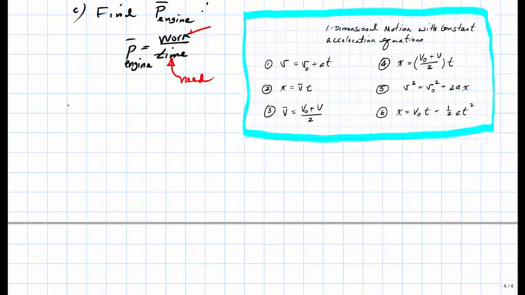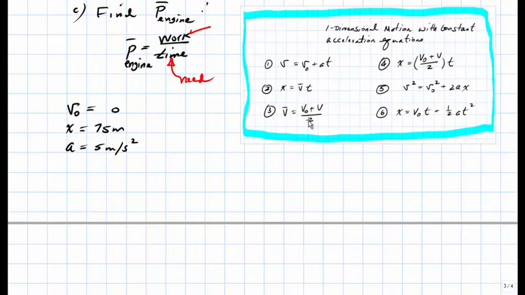As I mentioned, V0 equals 0, x equals 75 meters, and the acceleration was given as 5 meters per second squared. We need to solve for time. Let's examine these equations. Can we use the first equation to solve for time? Well, the problem is we don't know the velocity at the top of the incline, so the answer is no. We don't know the average velocity, so equation 2 is not going to work.